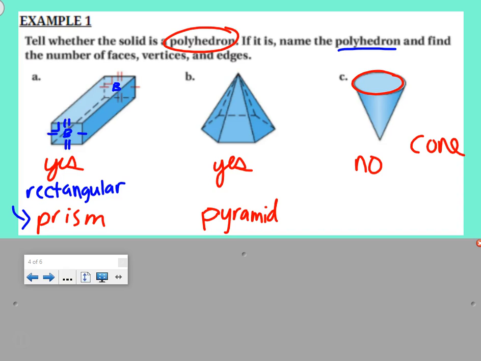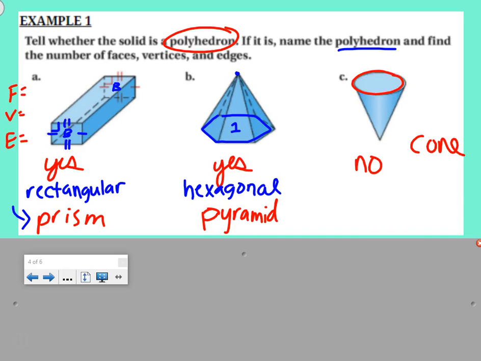For letter B, pyramids have 1 base, and the base is the bottom figure underneath the point. If we look, this has 1, 2, 3, 4, 5, 6 sides, so this would be a hexagonal pyramid. Then the last piece is we want to find the number of faces, vertices, and edges. We can abbreviate that: faces, vertices, edges.